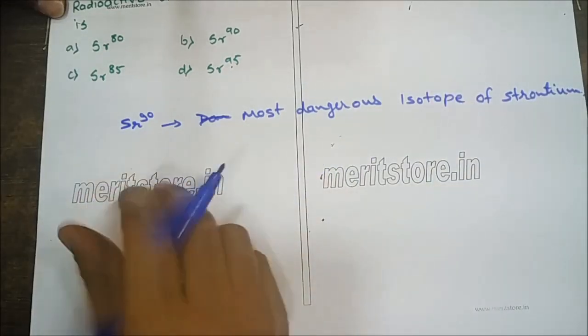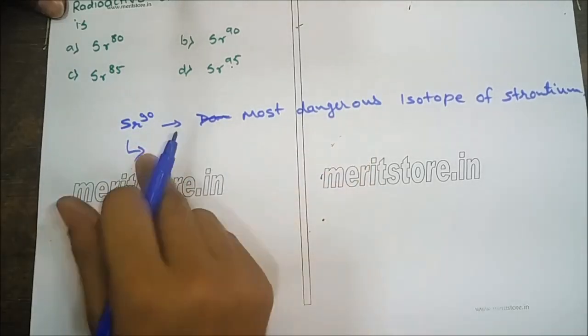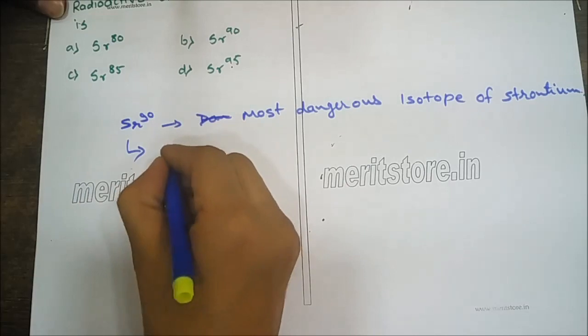This strontium 90 is a radioactive isotope of strontium, and it is produced by nuclear fission.